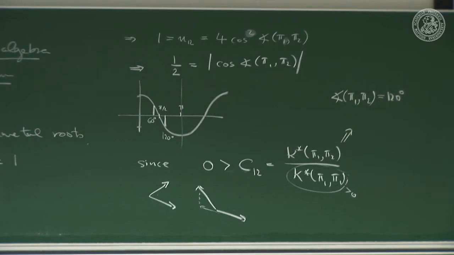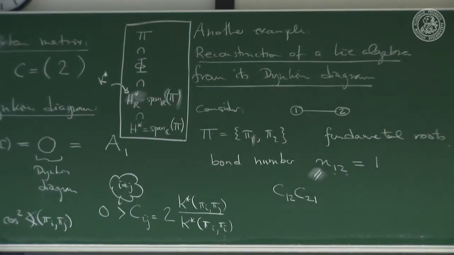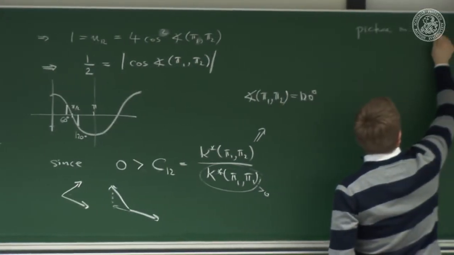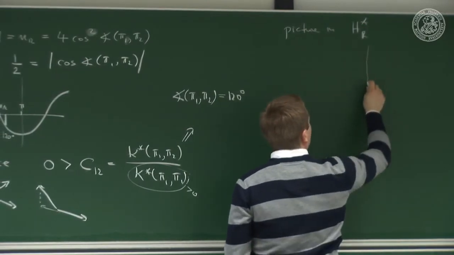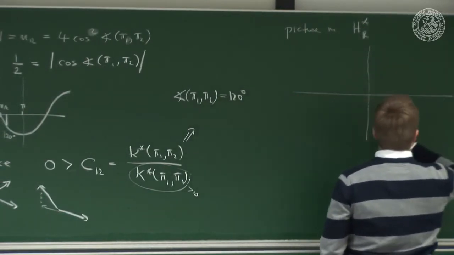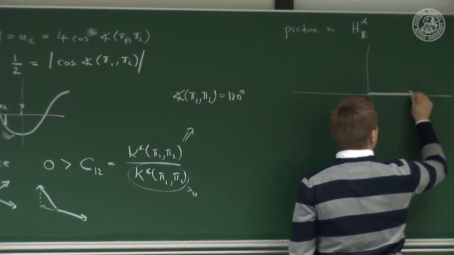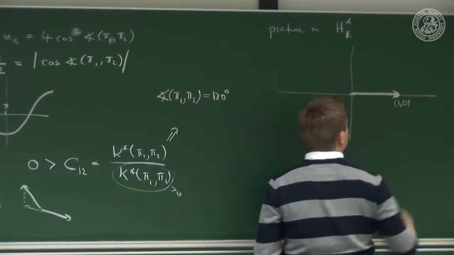Okay, so in this two-dimensional real vector space (it's two-dimensional because pi has two elements), our fundamental root space, we have the following picture in H_R star, the realification of the dual. Let me draw two axes. I can choose one of the roots to be represented by this point, 1, 0.